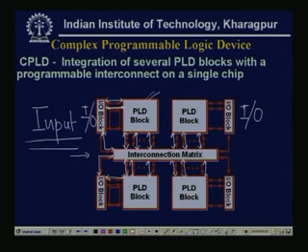Now, the PLD blocks are selected and some outputs are generated. Again on this side, with these PLD blocks also the outputs, the input output blocks are there, and there must be a similar type of interconnection between the IO block and the PLD block.